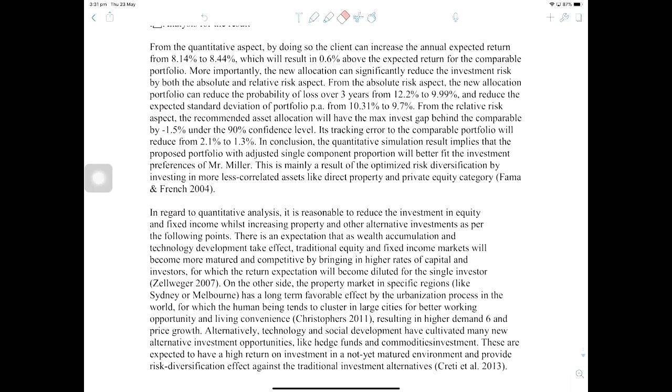What's your assessment of the grade of these two paragraphs? Effectiveness of recommendation, effectiveness of communication. So what's your grade? Fail, pass, credit, distinction, or high distinction? What's your opinion?